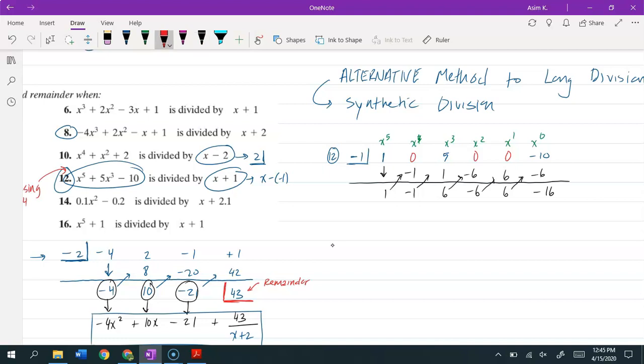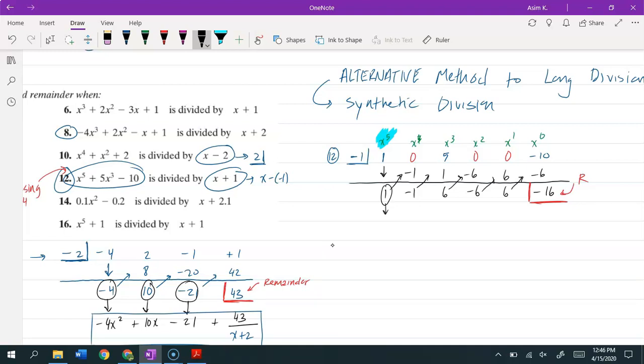Remember to always put a forwards L right over there, because that represents what? It represents the remainder. And so let's go ahead and write in the answer. So realize that we started off with x to the power of 5. So your answer is going to start off with x to the power of 4. So let's go ahead and start.